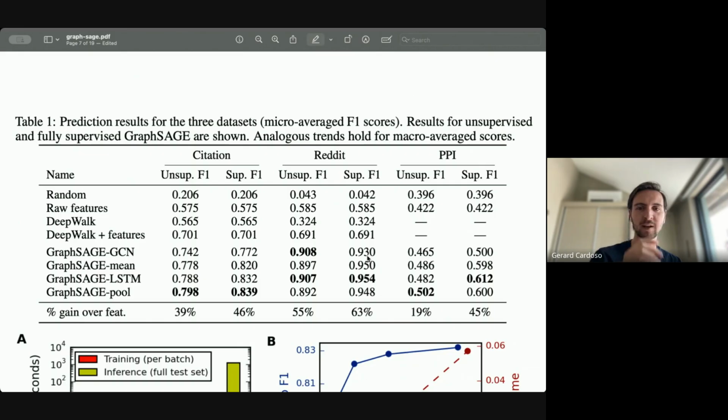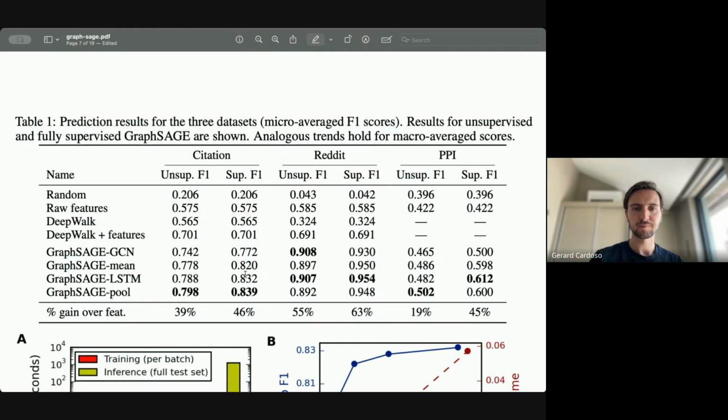But we can see that GraphSAGE across the board beats the baselines, in some cases quite significantly. They compare a random model using just the raw node features, DeepWalk with the features as well, and then the different GraphSAGE methods.